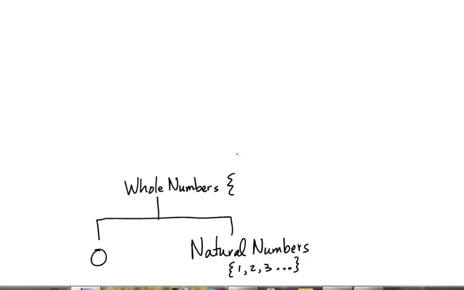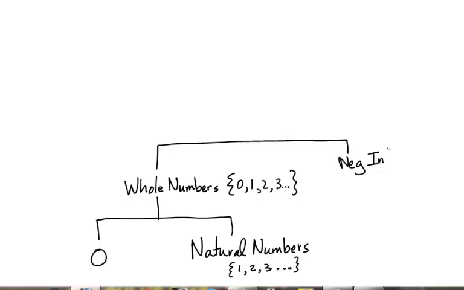Whole numbers, that's the set 0, 1, 2, 3, ... Okay, if you take the whole numbers and put in the negative integers, okay, and the negative integers would go this way: -1, -2, -3, ... to the left. And then the negative integers and the whole numbers together make up the set of integers.